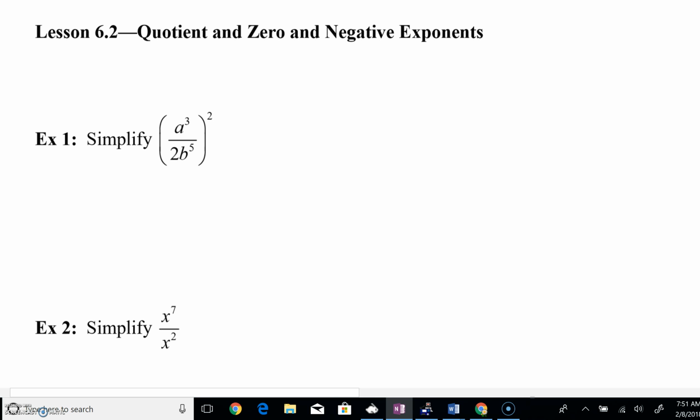Ironically, this isn't the first property that we worked with. It's actually the second. If you have a fraction raised to the second power, hey, we get to review what we did yesterday. Powers to powers, what do we do, guys? Multiply. You got it. A power to a power, you always multiply. That's from yesterday's lesson. Down below, you're going to square the 2. You'll get 2 to the second power.